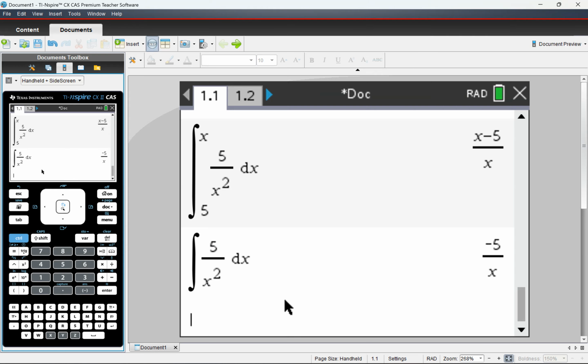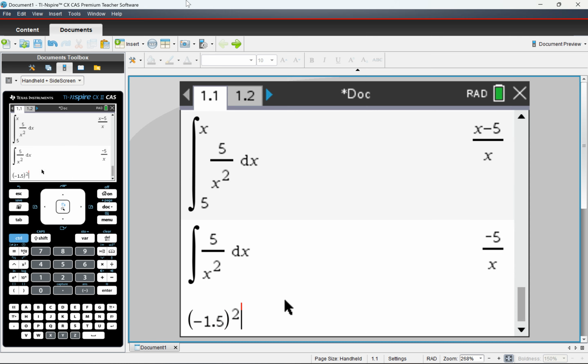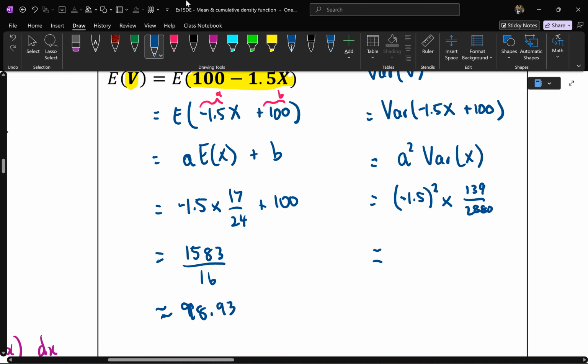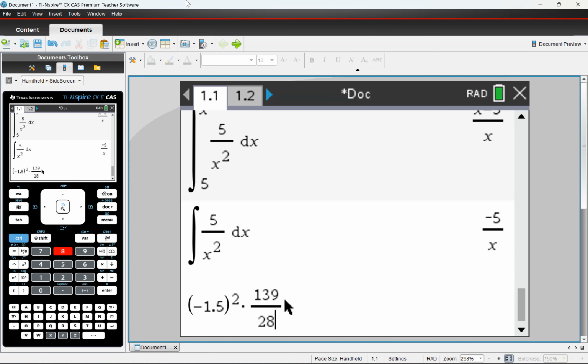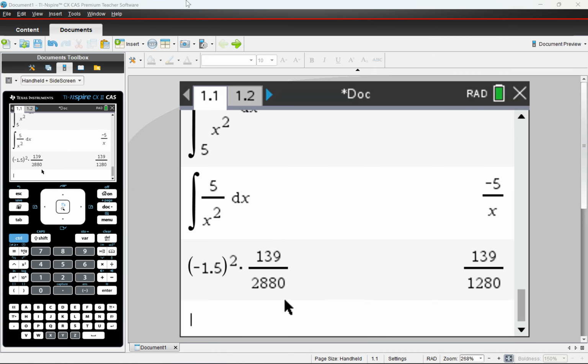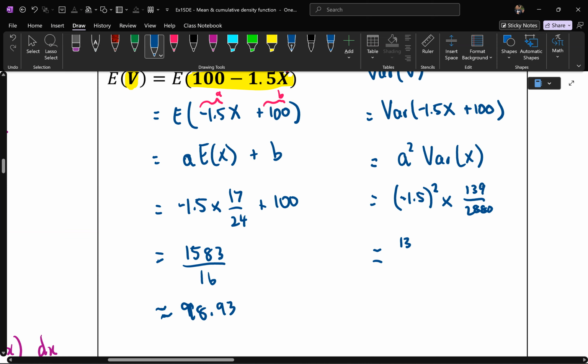What is that? I don't think I did this one. Negative 1.5 squared times 139 over 2880.